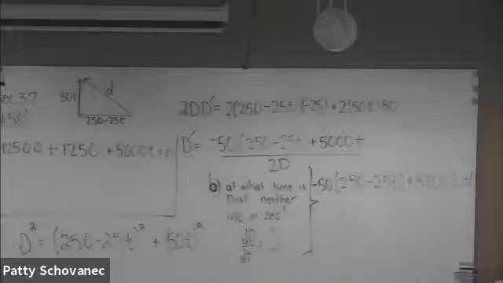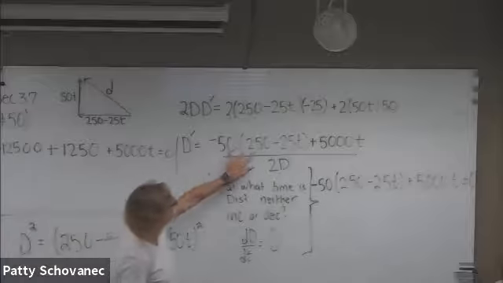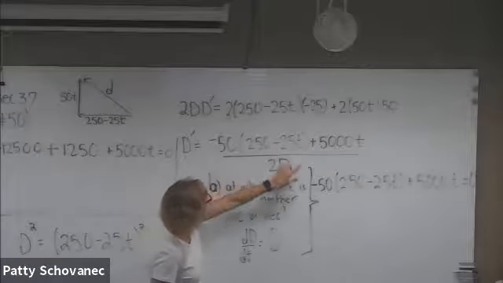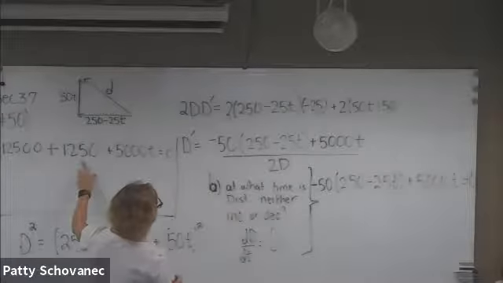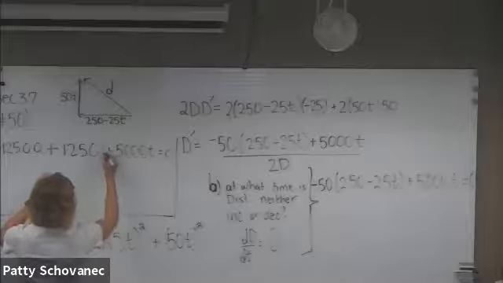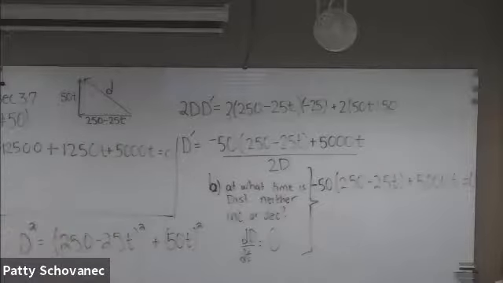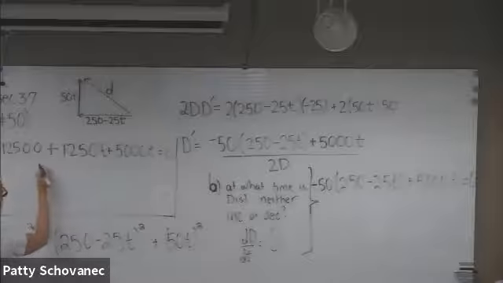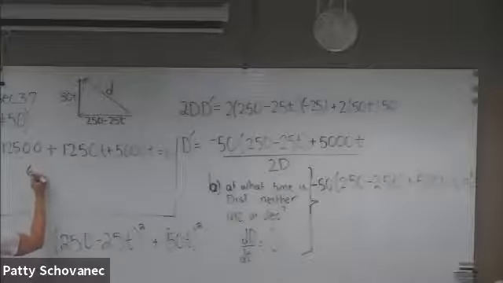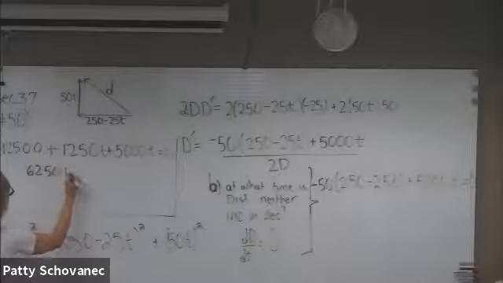Is that 12,500t? No, I don't think so. There's no t here. The only t is in this term. Oh, and here. 1250 has the t. So I'll add those two together and get 6250t.